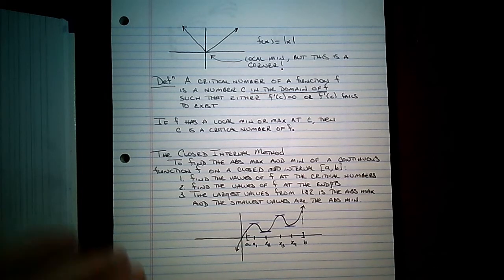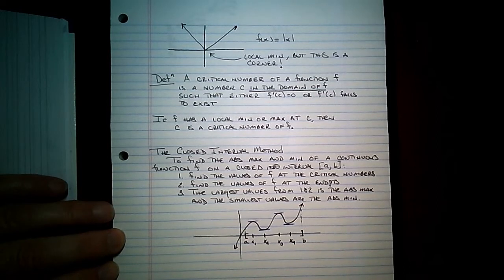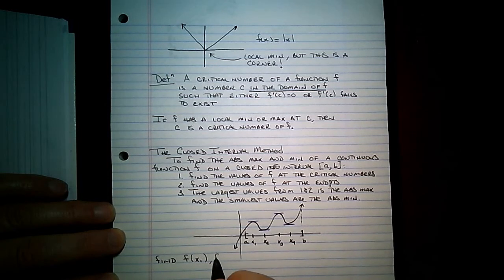So we identify the critical values. And then it says to find f of x1. How do you do that? Well, you plug x1 in. Find f of x2, f of x3, and f of x4.